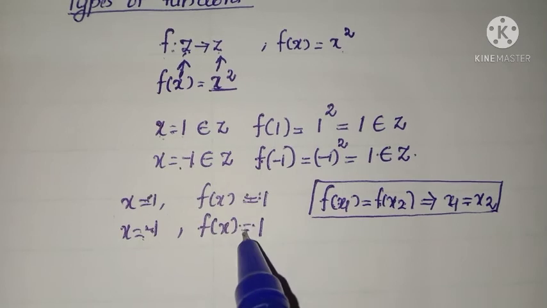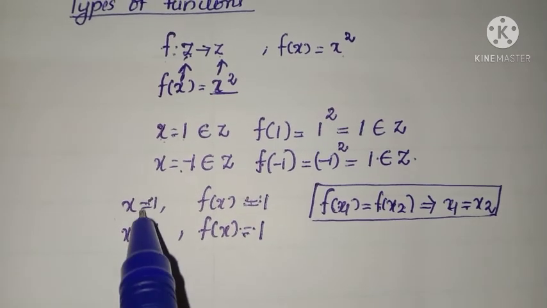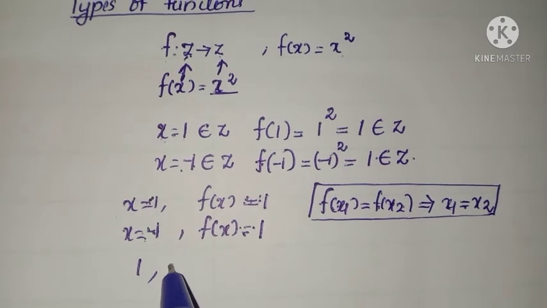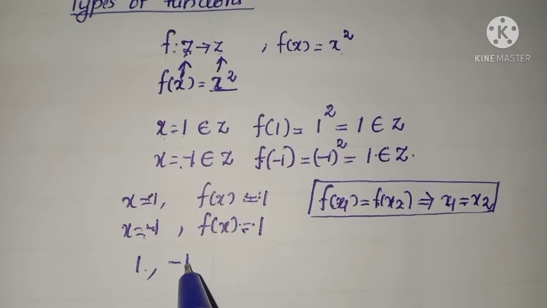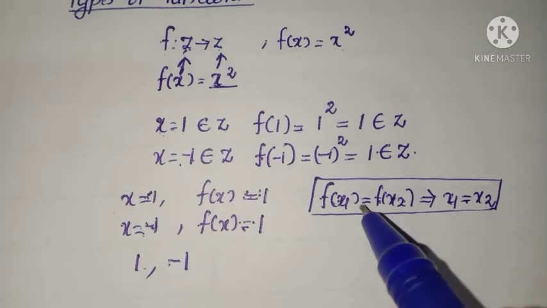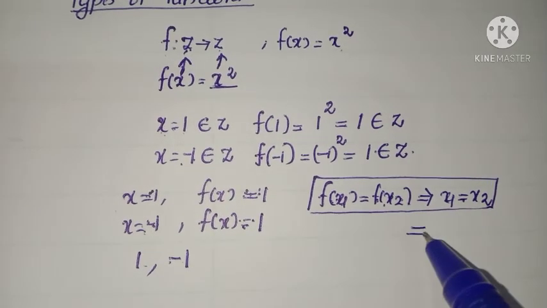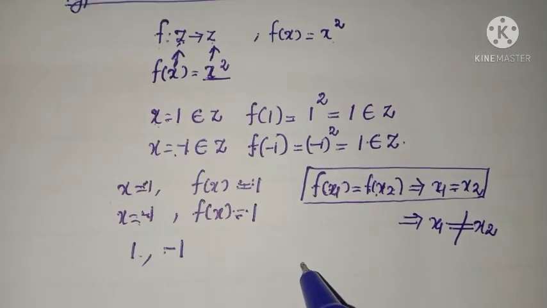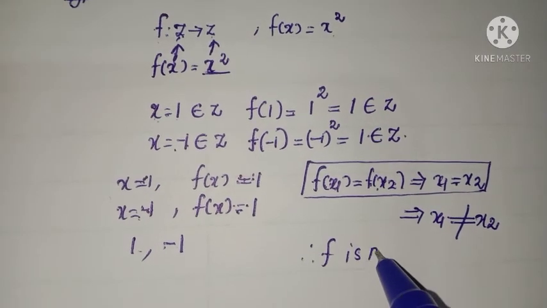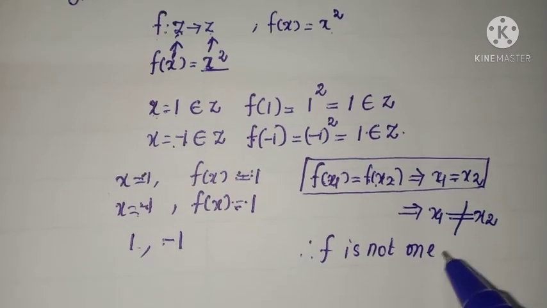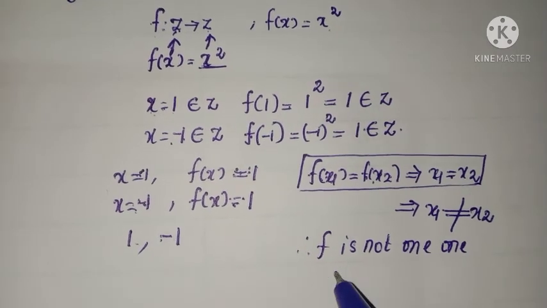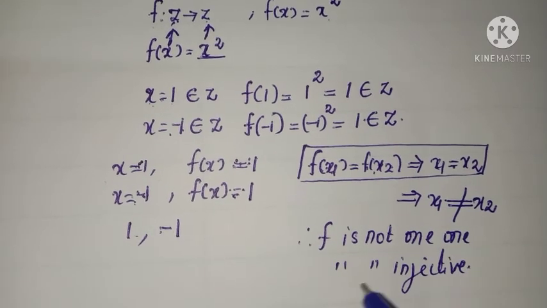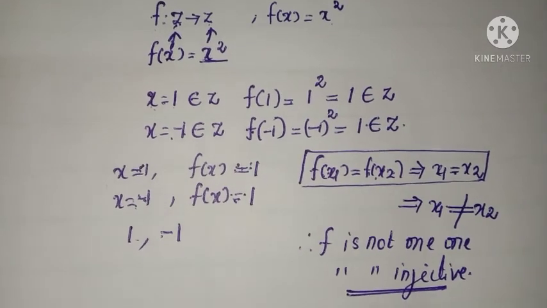Here images are equal, but what are the corresponding elements? One element is 1, another element is minus 1. Are they equal? No. So images are equal but corresponding elements are not equal, and therefore f is not one-one. F is not injective.